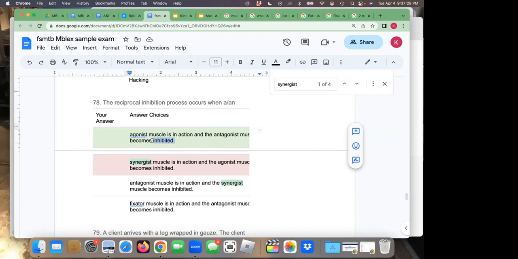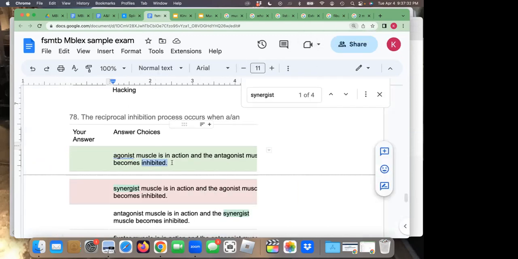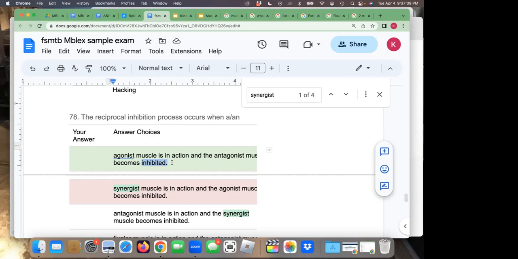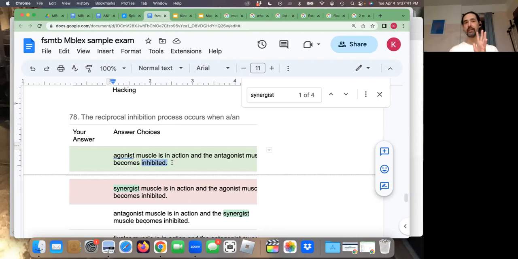Inhibited. Very good. When you inhibit something, you stop it. Inhibited is the opposite of activated. The agonist becomes activated, the antagonist becomes inhibited.